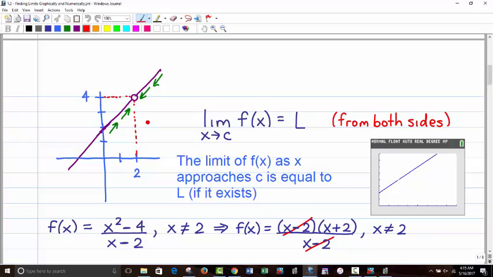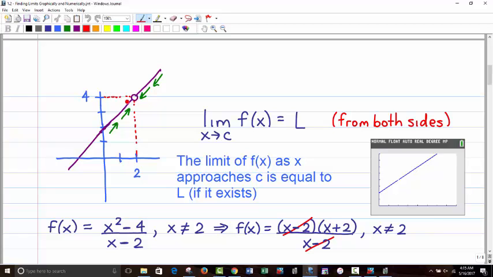As I said a couple of minutes ago, it's going to be the same graph as the original function reducing to x plus 2, but you still have that undefined value at 2. Factoring and canceling does not eliminate the fact that the function is undefined at 2. So there's what it looks like.